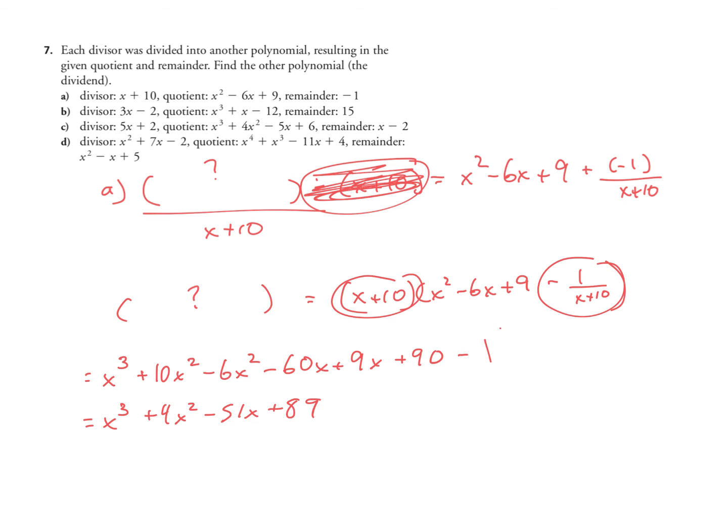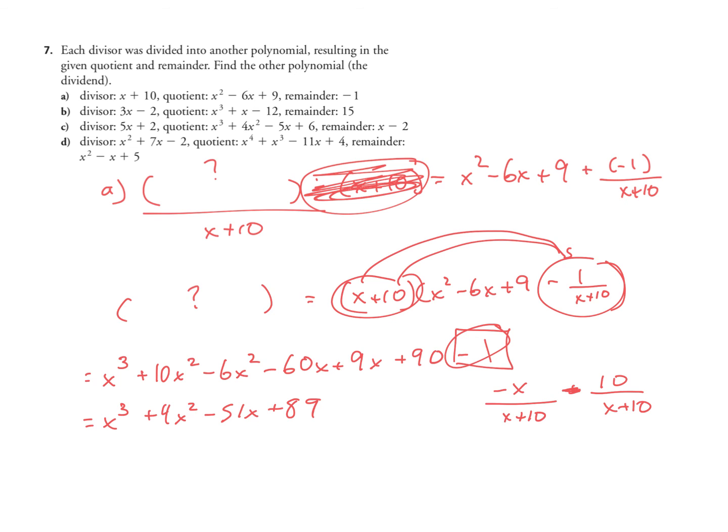I feel a little bit bad about skipping a step here. I'd better show you how I got this negative 1. I still have to multiply x plus 10 by this, so we're going to say minus x over x plus 10, and then minus 10 over x plus 10. This times negative 1. And we're going to put these together.